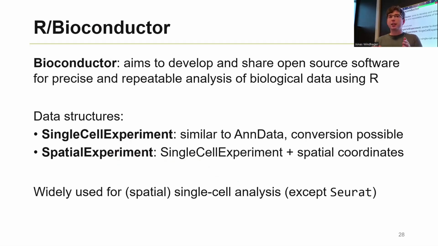And on the R side, this has actually achieved what file formats are trying to establish. So everything uses this except Zarr, which is quite important, but everything else in R/Bioconductor uses one of these two data structures. It's not yet the case in the Python world.